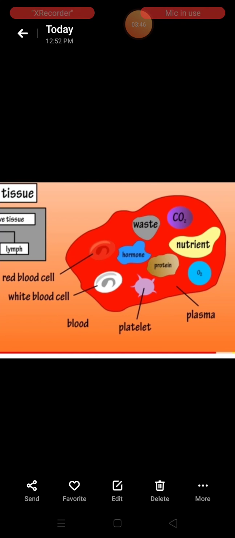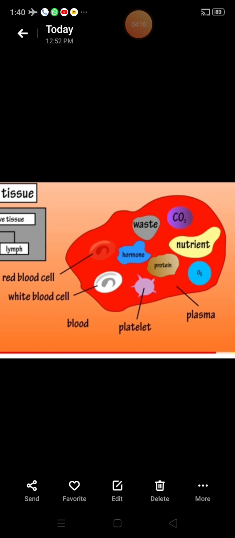Next one, you can see the picture of blood. You have 3 questions. Question number 1: Blood is explained as which type of tissue, and in this tissue what is the main content?